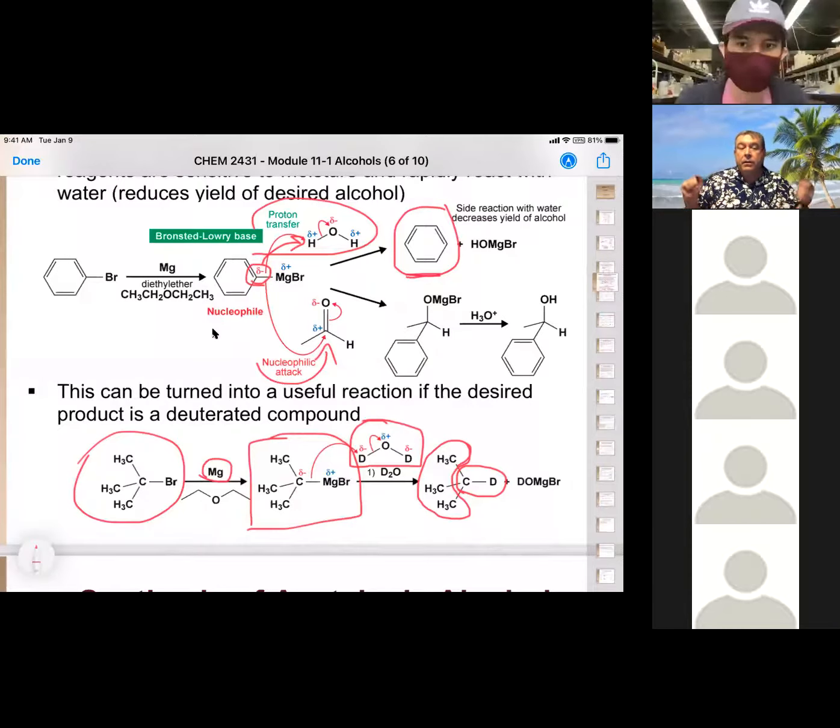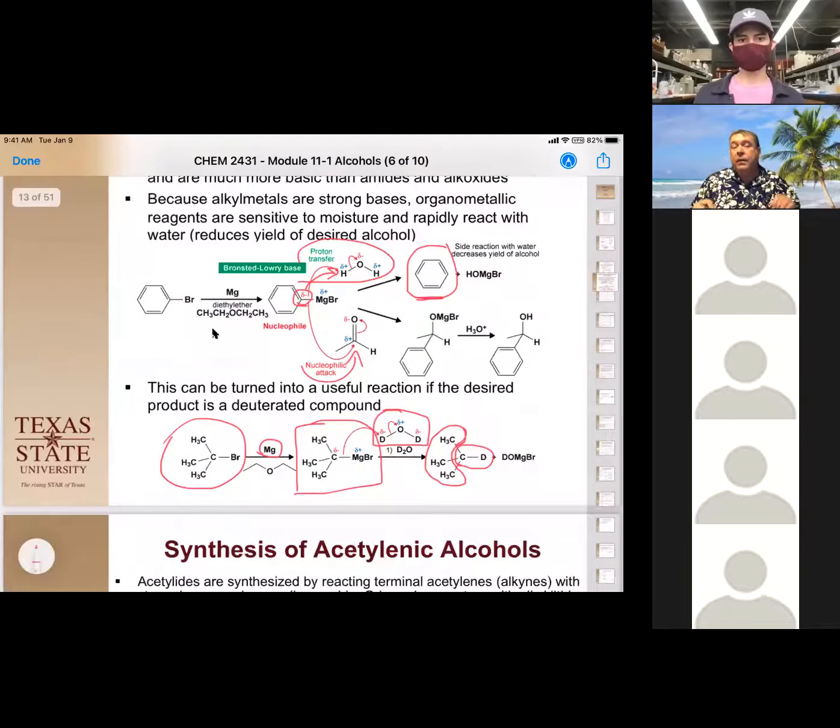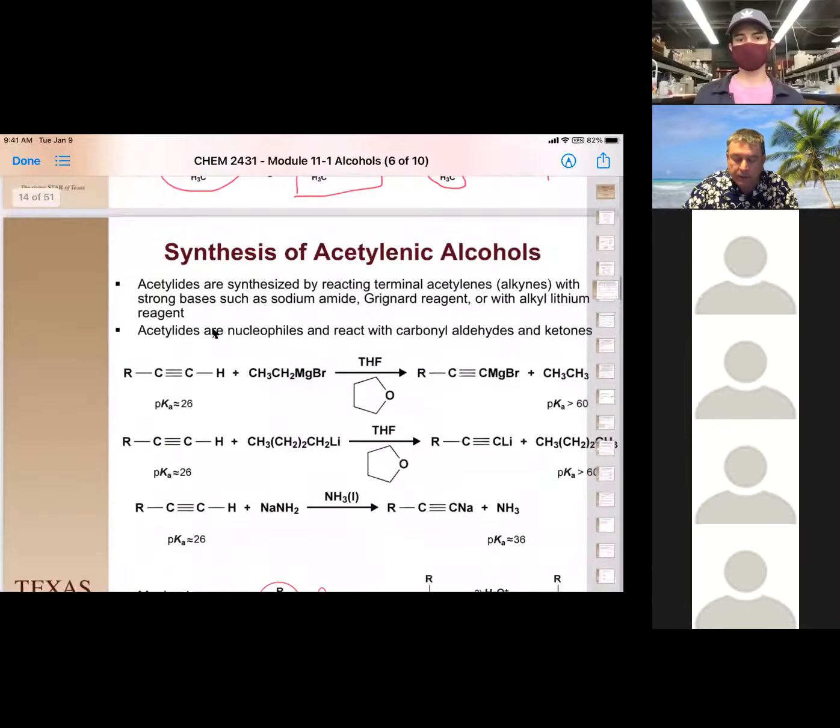Okay, so we can use the basic quality of these Grignards to our advantage to help look for control in our reactions. Just like the Grignard reactions, they are very, very strong bases. And so we can actually use them to deprotonate acetylene.